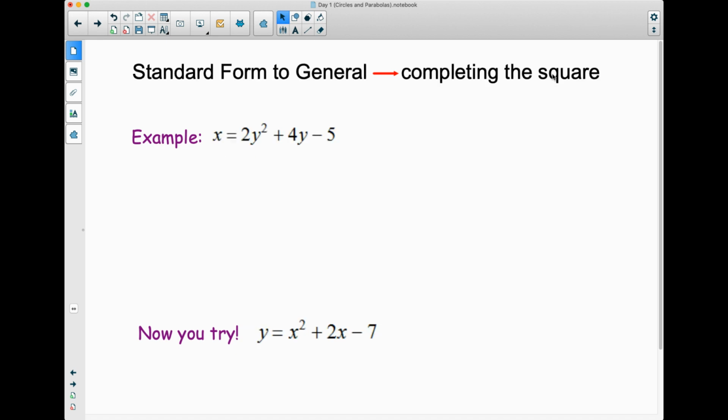So we're going to go through both of these problems. So remember, with completing the square, you have to have a leading coefficient of 1. So the first thing we're going to do is take a 2 out from those first two terms. Remember, we don't include the 5 because we would have to take it out anyways.